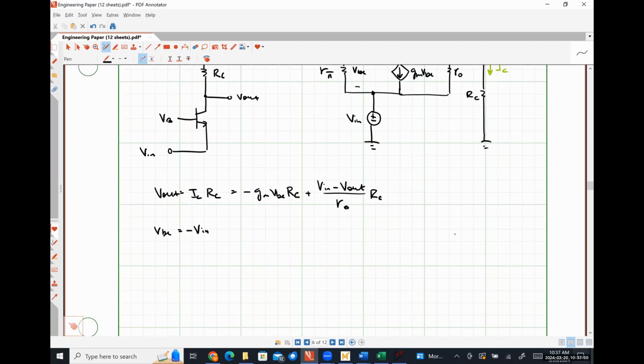And making that substitution is going to give us V out by itself plus V out times RC over R naught will be equal to positive GM RC times VN plus VN times RC over R naught.